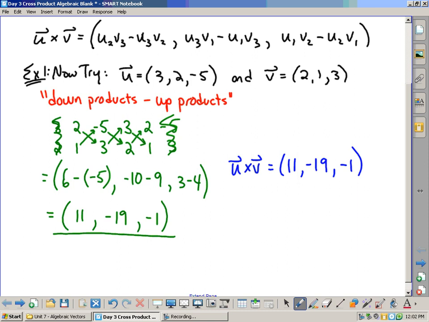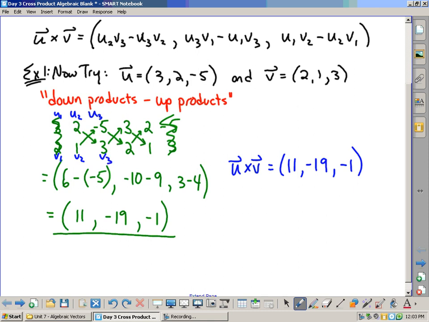Now, I think there's a question in your homework later on that asks you to use this little gimmick, this down products minus the up products, but use the components U1, U2, U3 to prove that this works. But if you think about it for a second, remember this is actually U1, U2, U3, U1, U2, and this is V1, V2, V3.